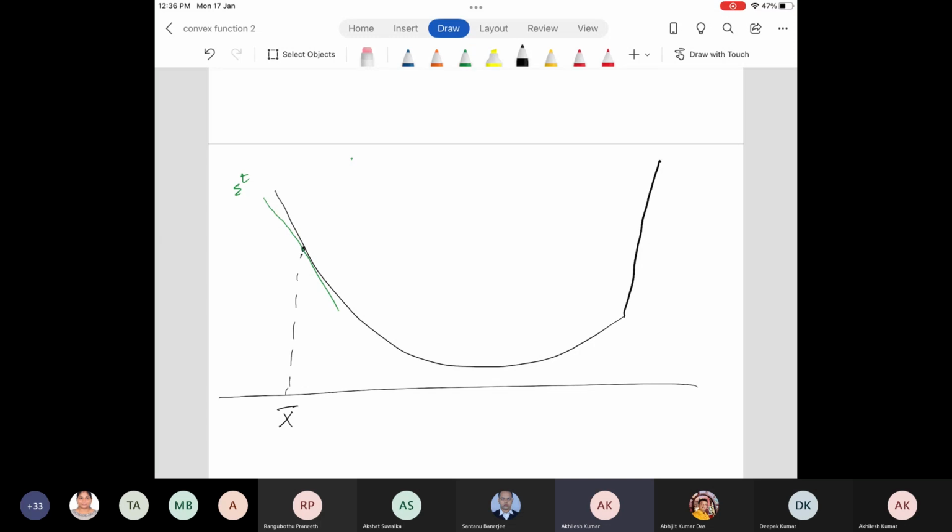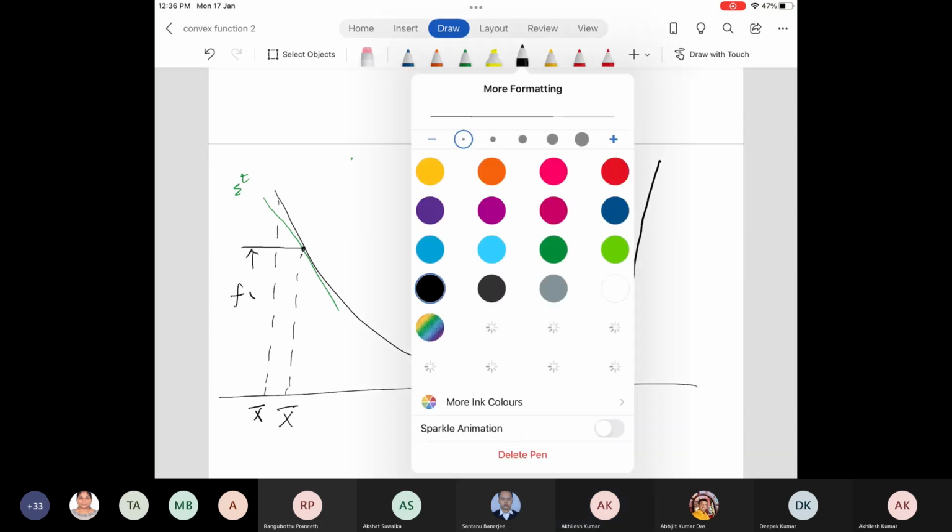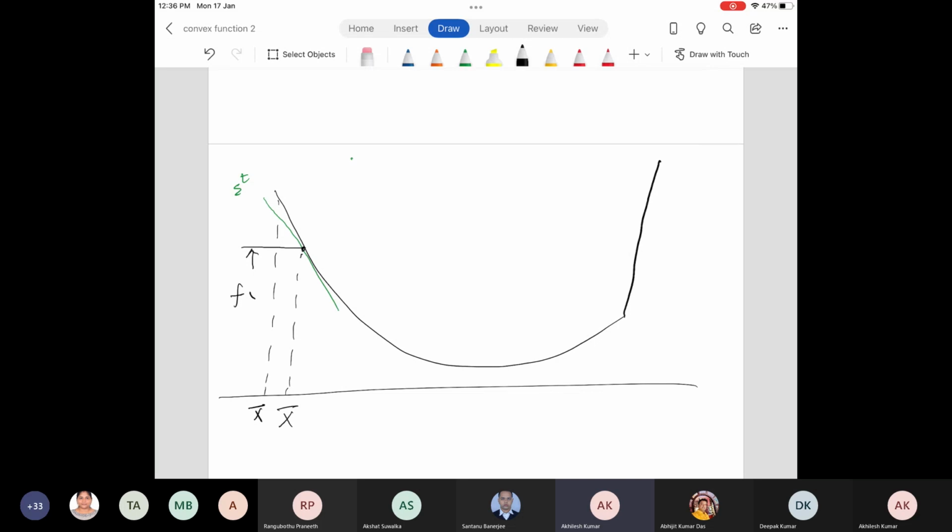I have to draw one more point here. This is some x, and this is x bar.